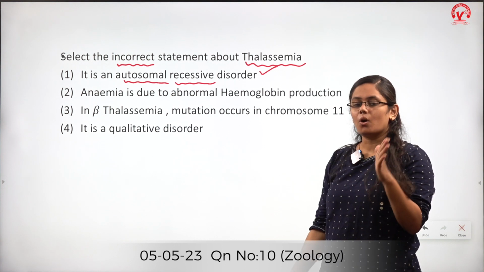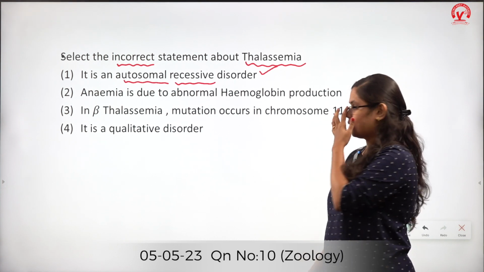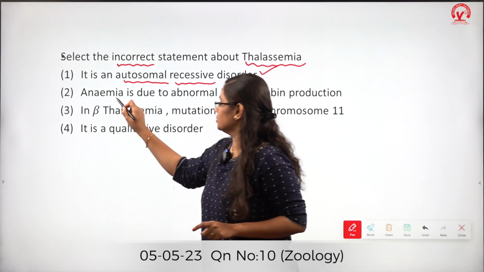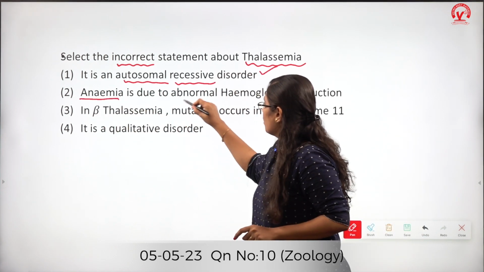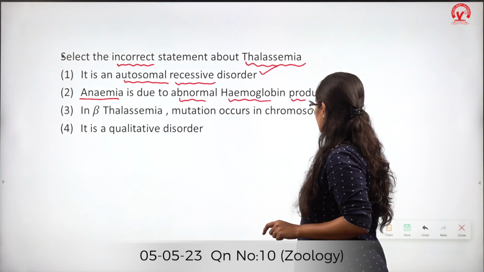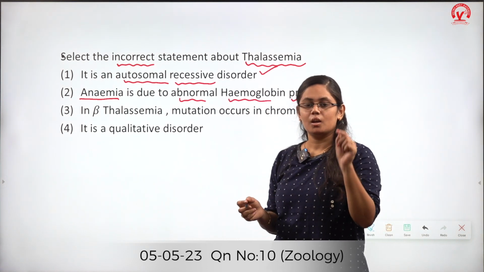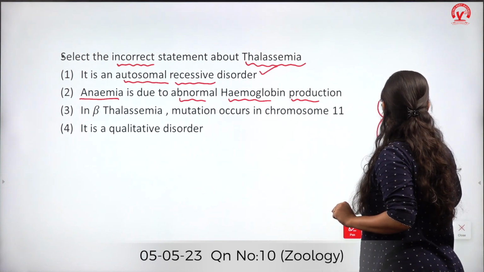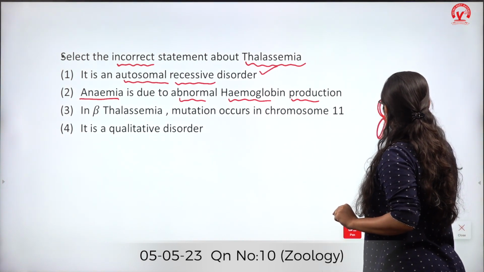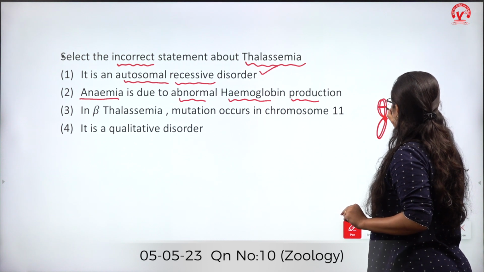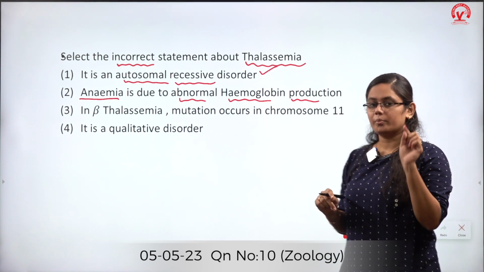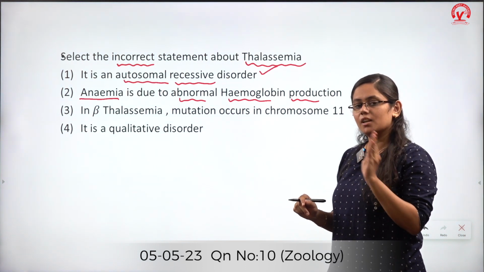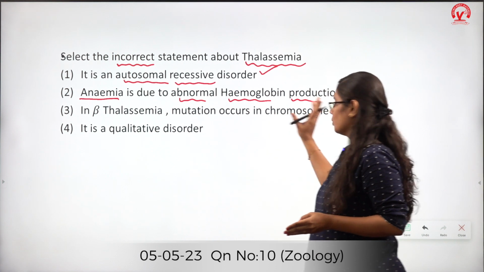Anemia is due to abnormal hemoglobin production. So it is also correct. There will be a mutation in the gene for globin production and the number of globins produced will be reduced, which leads to abnormal hemoglobin production.